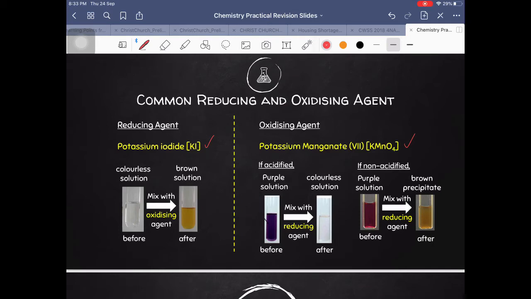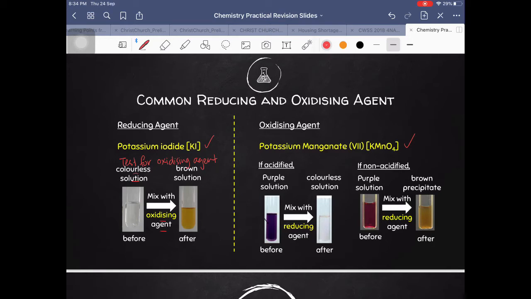Potassium iodide is used to test for an oxidizing agent. If the solution is colorless before adding potassium iodide, after mixing with an oxidizing agent, a brown solution will be formed.